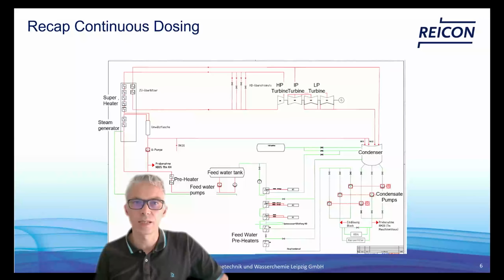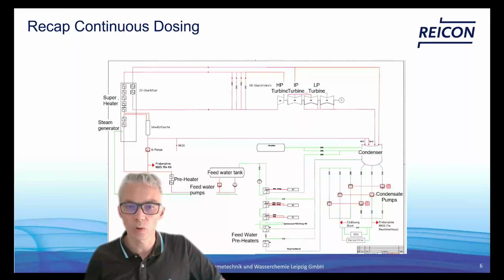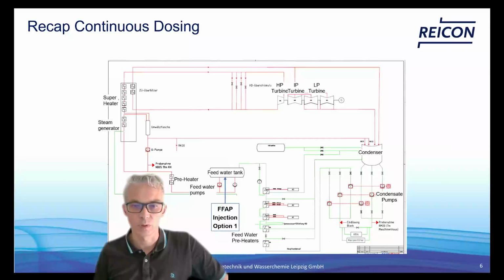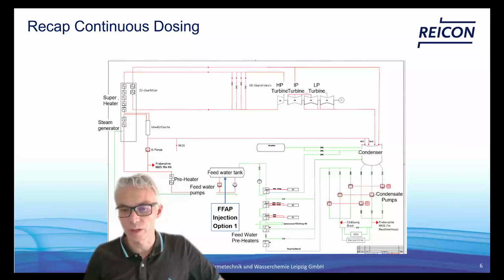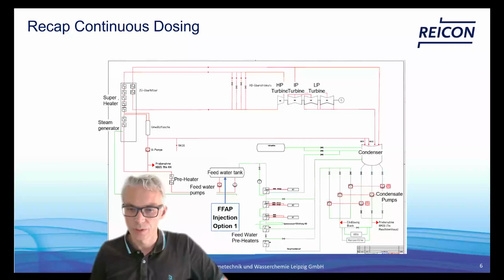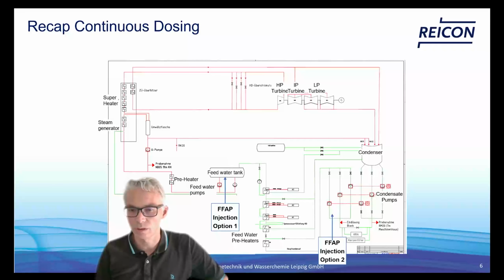And the last thing, looking at the dosing points, because this is also necessary for the preservation. The most common point is the feed water tank. So we inject on the feed water side within the tank or directly in front of the pumps. This is the most common version. Another point is the injection in the condensate system.